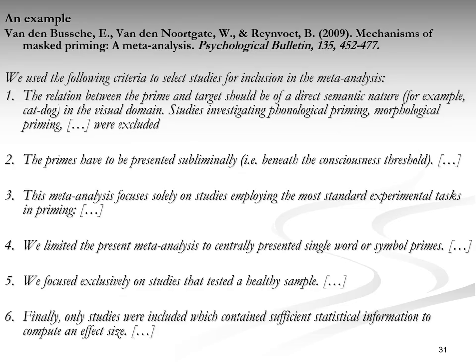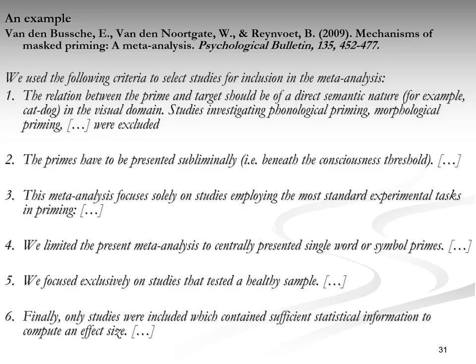So here is an example of inclusion and exclusion criteria we used in a systematic review on the effects of priming. For instance, one of the criteria was that the relationship between the prime and the target should be of a direct semantic nature.